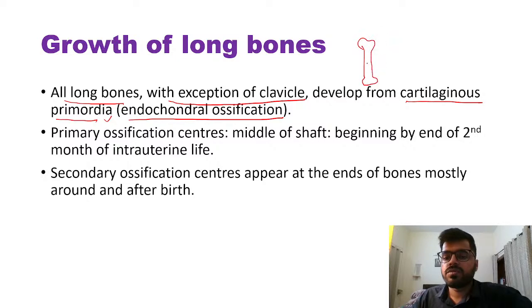So primary ossification center forms here. This is the cartilage model, which then leads to formation of ossification and formation of bone.